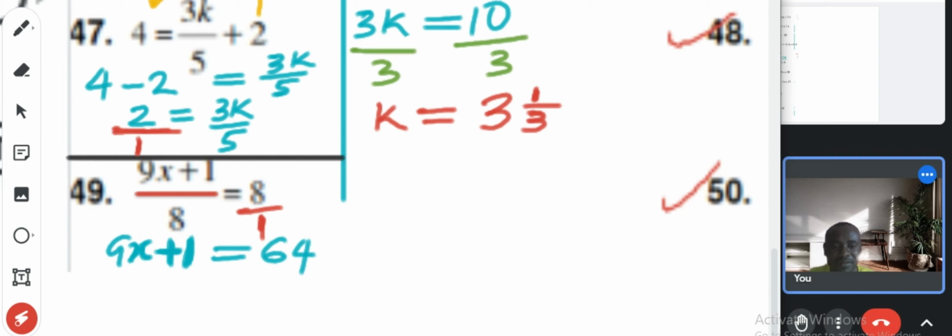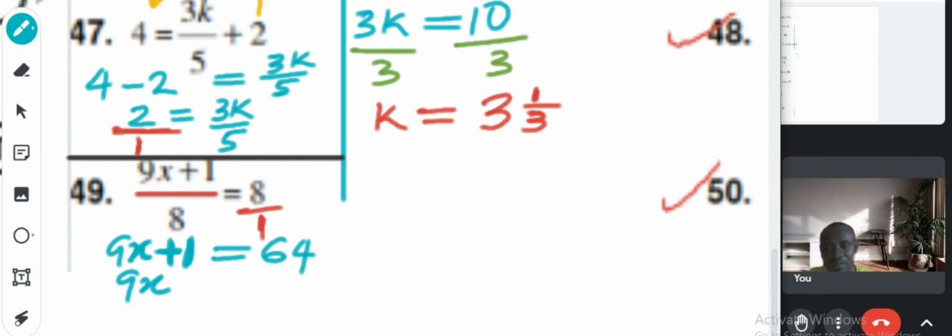Have you forgotten? So I move plus 1 to the other side. I'm going to move plus 1 to the other side. So I'm going to have 9x equals 64 minus 1.